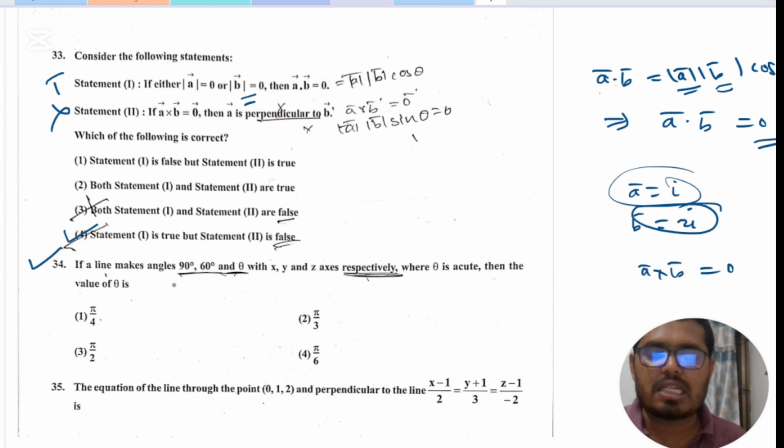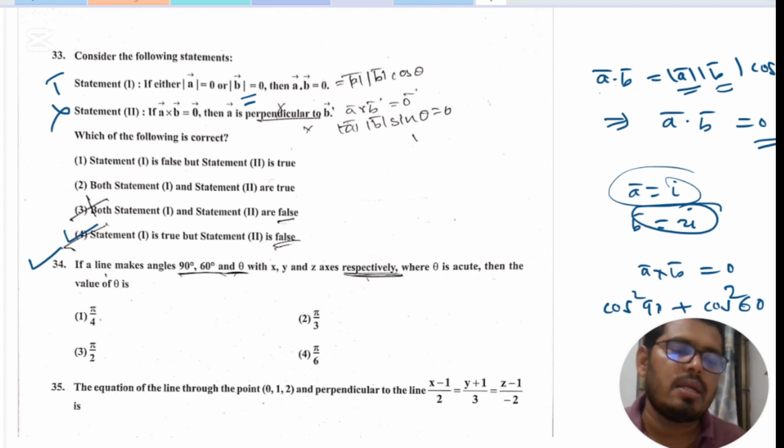Therefore, cos square 90 plus cos square 60 plus cos square theta is equal to 1.